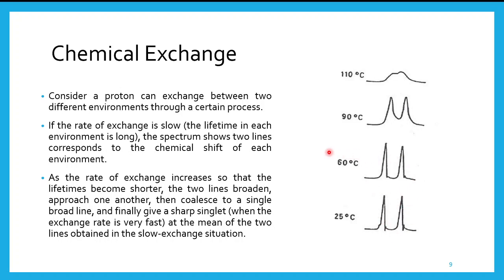But usually by increasing the temperature, the rate of exchange of the two conformations increases, and so you get coalescence, the combination of the two lines into a broad line.